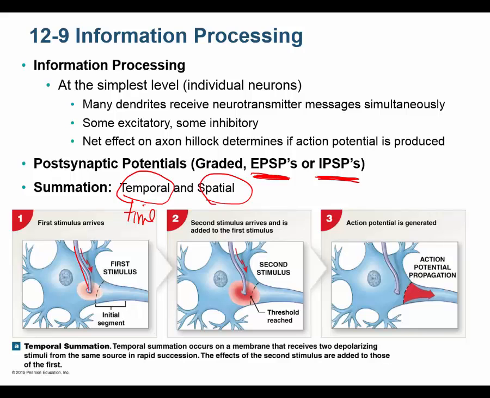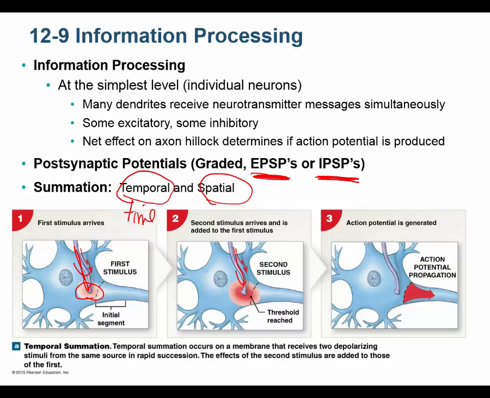Here's the axon coming in, and it releases this neurotransmitter, and here's a graded potential. Now, before this graded potential completely decrements to nothing, to a resting membrane potential, before it loses any of its depolarization, another impulse comes in. Here's the second impulse coming in.